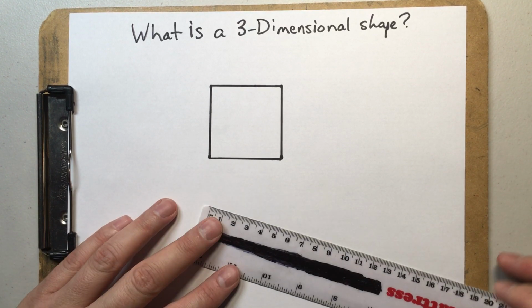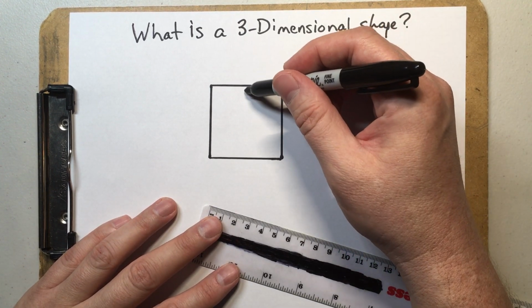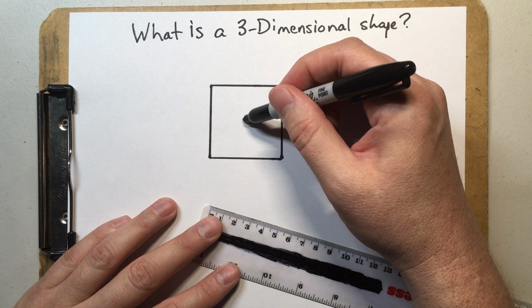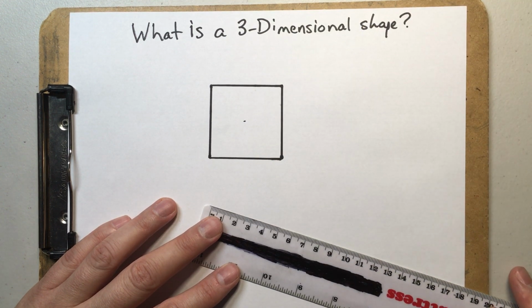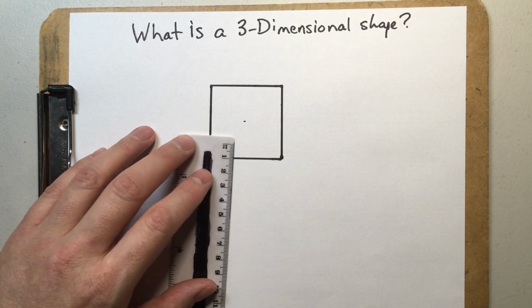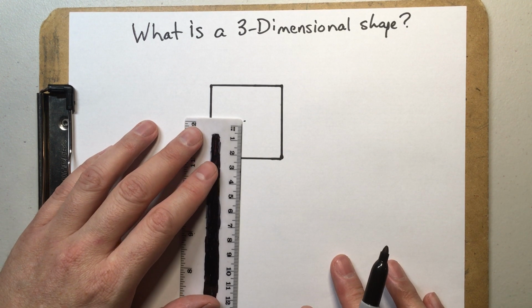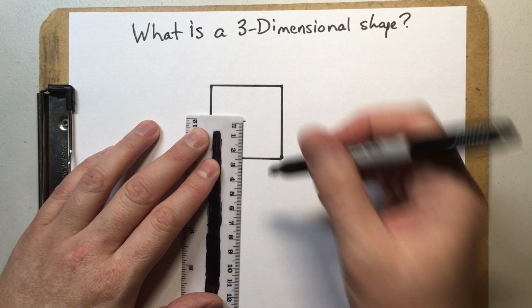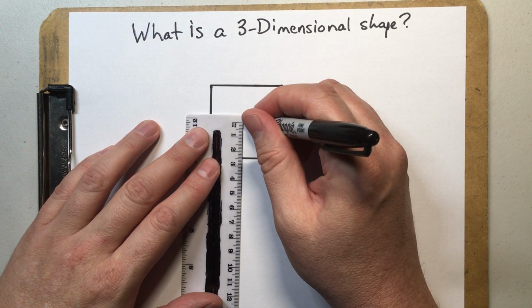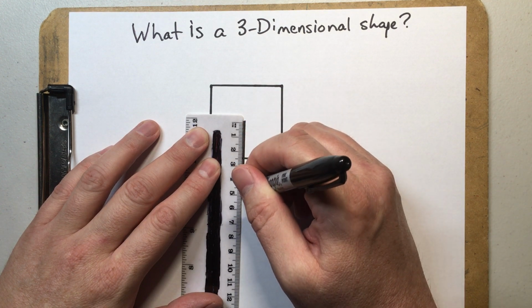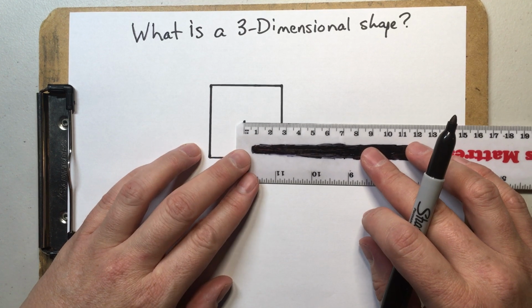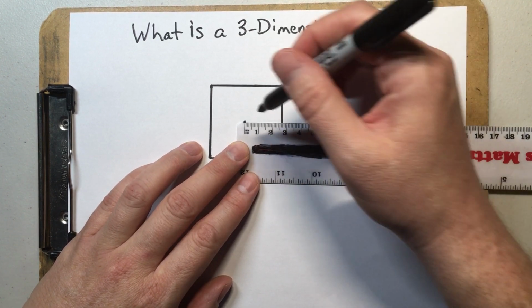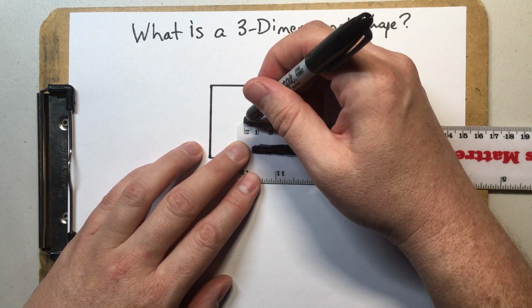Now what I like to do, in order to make this a box, is I try to find where the center of this square, this two-dimensional object, is. I could be real precise by measuring, but I don't want to. I'm just demonstrating. So I'm going to say there. And then I'm going to make another two-dimensional box, or rather not a box, but a square, starting from the middle.